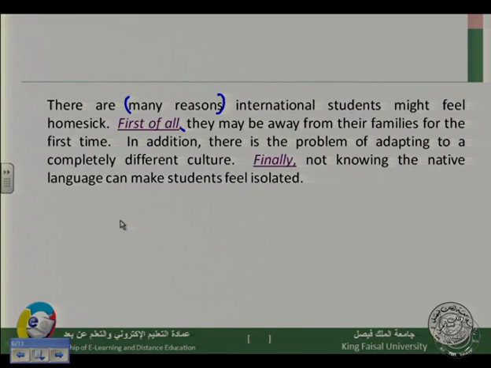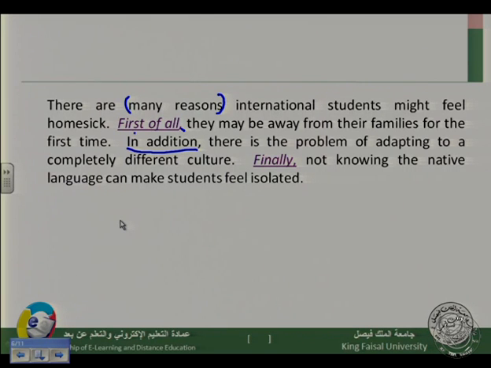And then you have our connecting word here, as we explained before. In addition, there is the problem of adapting to a completely different culture. So that's kind of saying second.